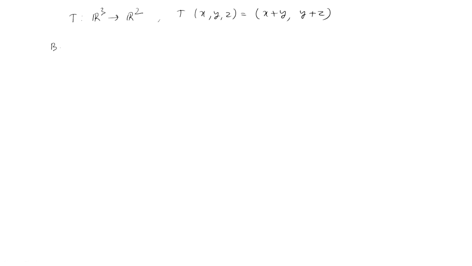So, B1, the basis of R3, is given as (1, 1, 1), (1, 0, 0) and (1, 1, 0), and the basis of R2 is (2, 3) and (1, 0).